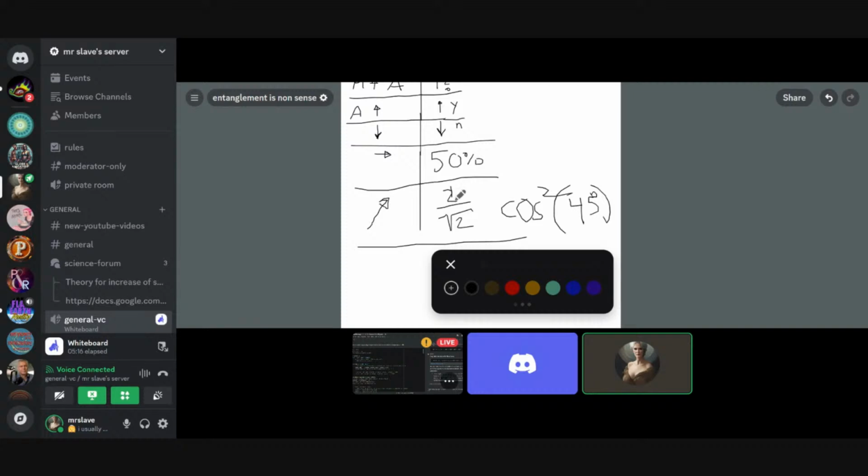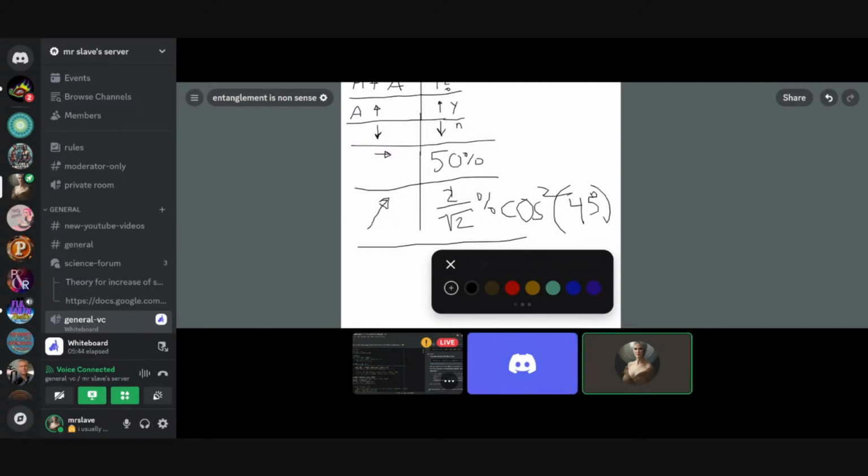It's close to 25%, I think it's 12% or something. It's whatever, some number. It's not 50%, it's not 25%. It's cosine squared. Why is it cosine squared? That's not important. This is the way it works.